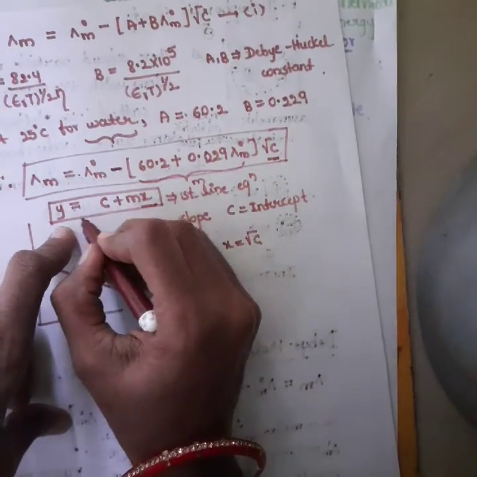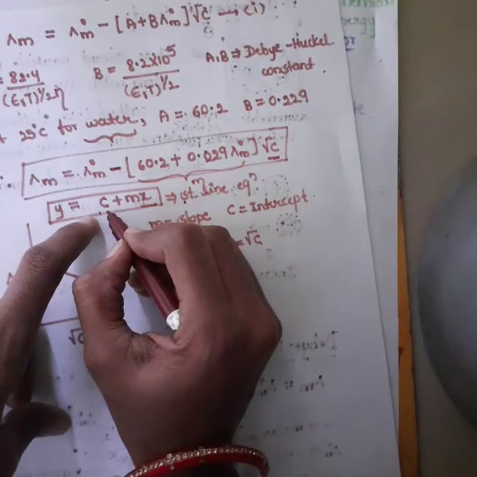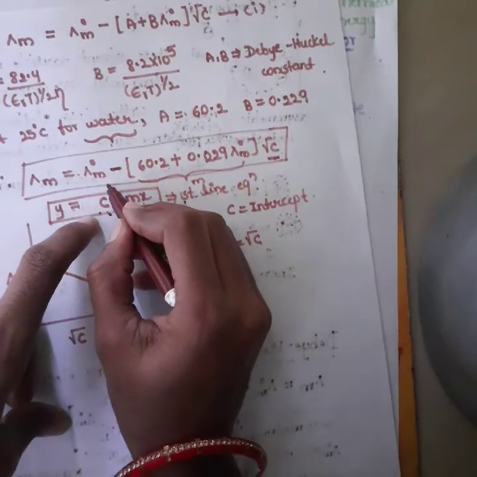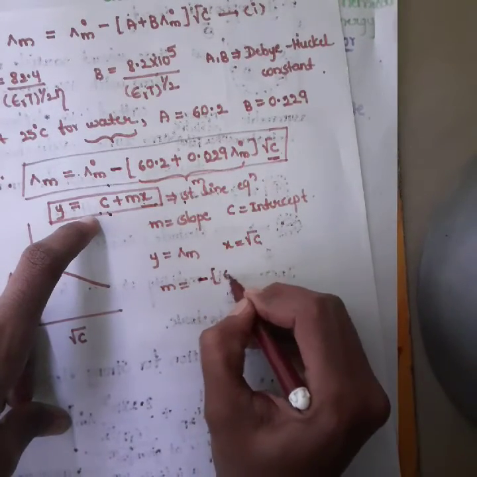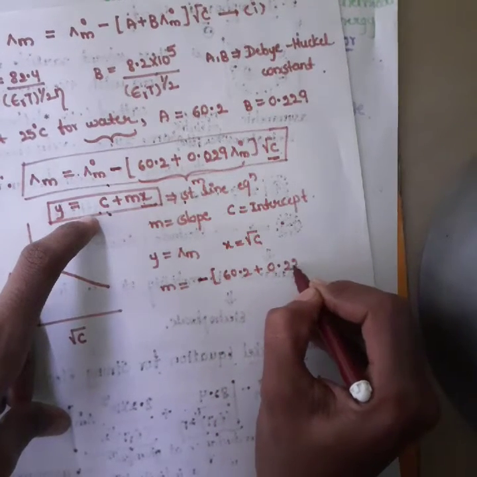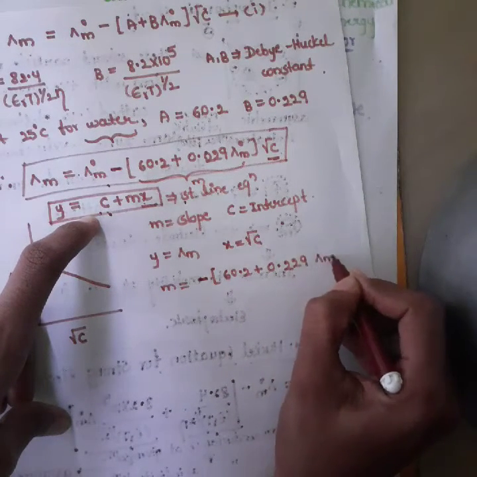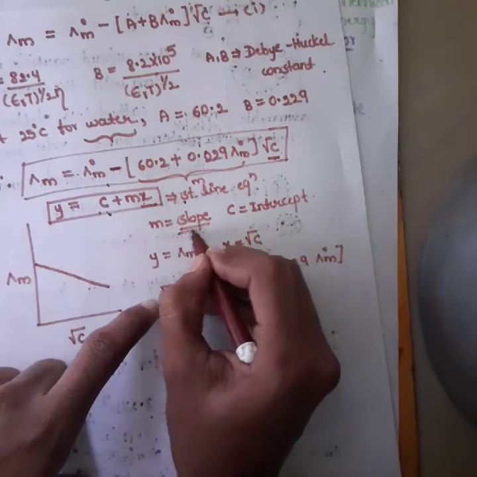This is y equal to mx plus c, the straight line equation. Comparing this straight line equation with the Debye-Hückel equation, we get m is equal to minus 60.2 plus 0.229 lambda m naught. This is the value of m, which means the slope.